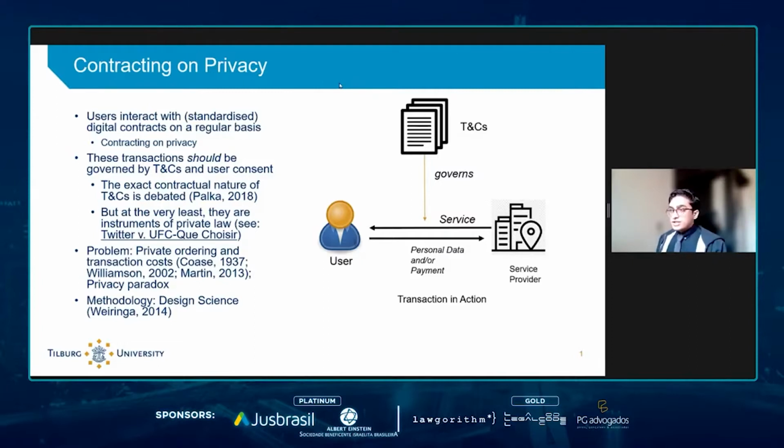And these transactions should be governed by the terms and conditions. So the user in such a transaction explicitly or implicitly provides personal data to the service provider or provides payment in exchange for receiving a particular service from the service provider. And this should ideally be governed by the terms and conditions of the transaction.